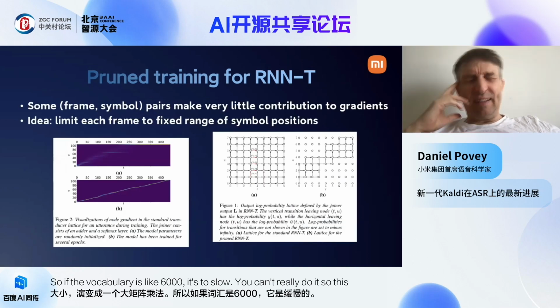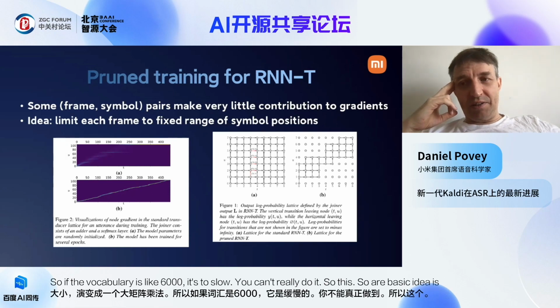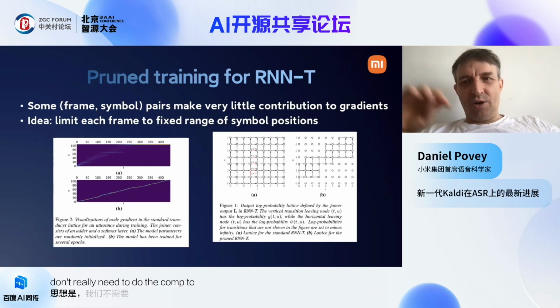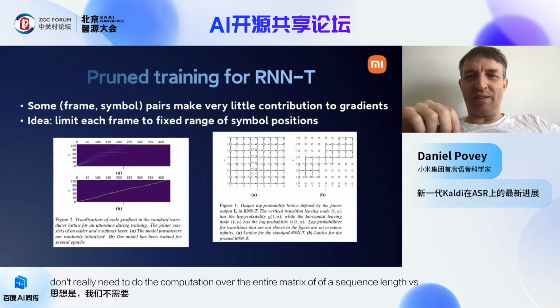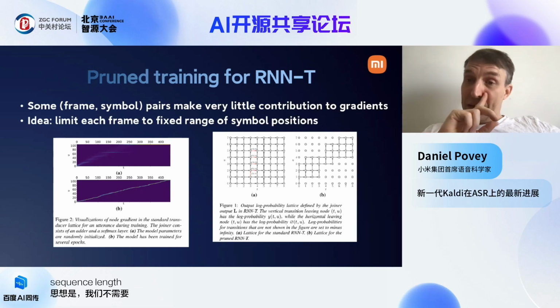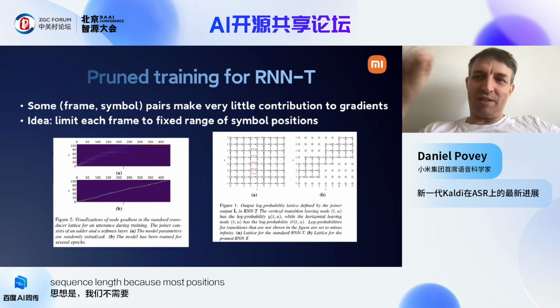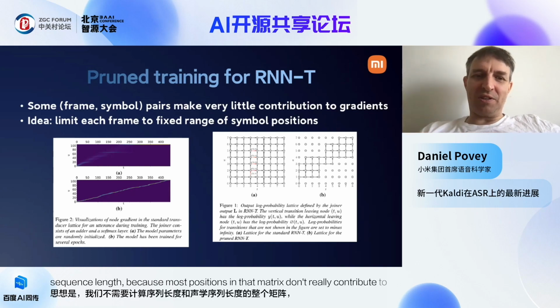So our basic idea is we don't really need to do the computation over the entire matrix of sequence length versus acoustic sequence length, because most positions in that matrix don't really contribute to the loss function.